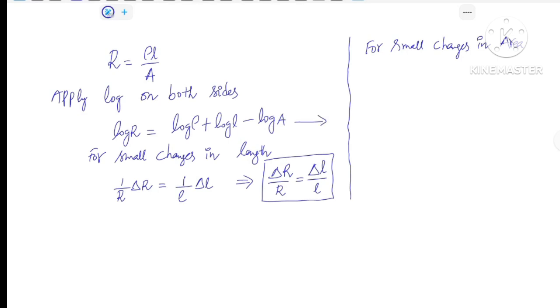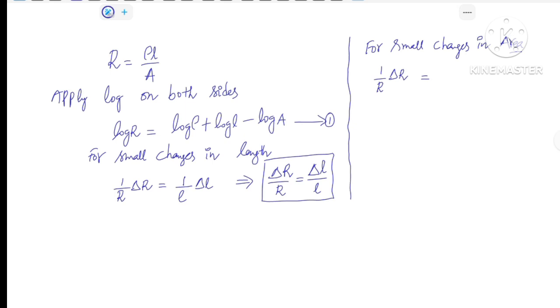I am differentiating on both sides. Log R differentiation is 1 by R delta R, and it is equal to, for log rho, the differentiation is 0, because rho is a constant, and here we are changing only the area.